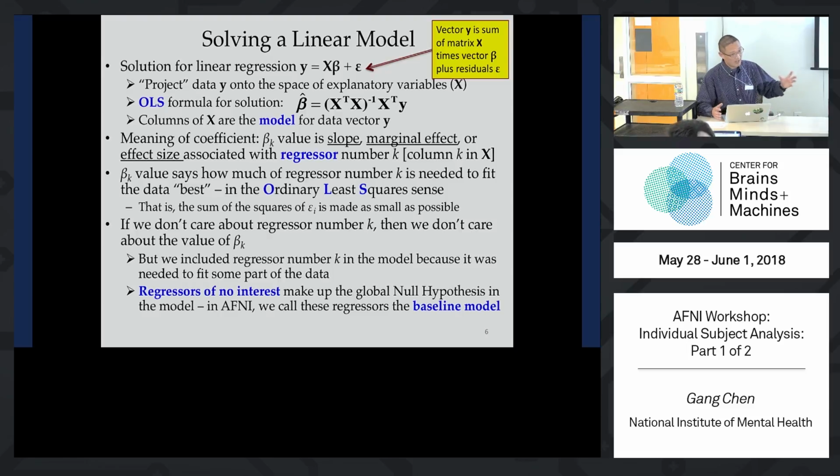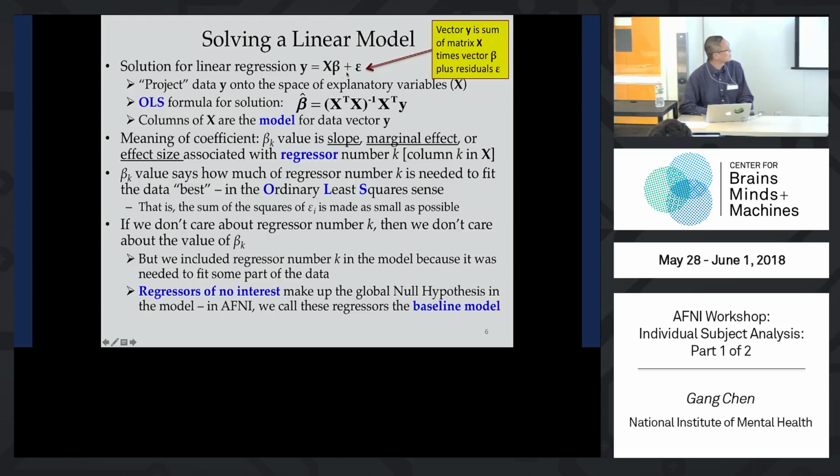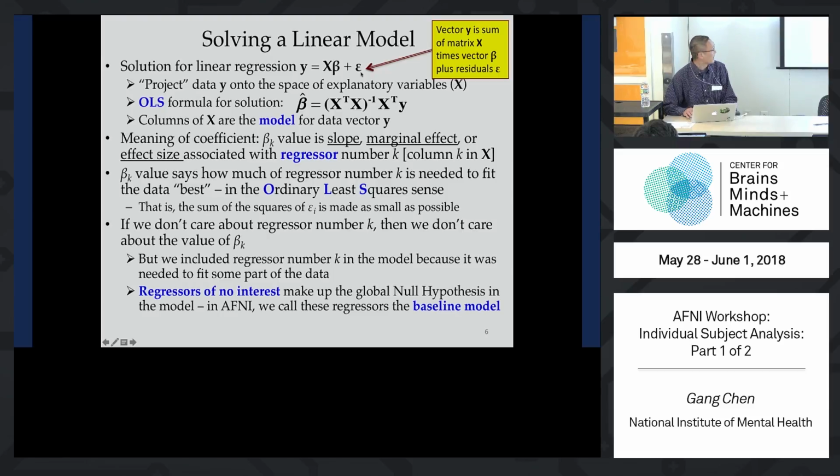But once we have that model, we solve it. In the simplest, traditional approach, the numerical solution is called ordinary least squares, right? Basically, you search over the possible betas to fit the data and make the residuals as small as possible.